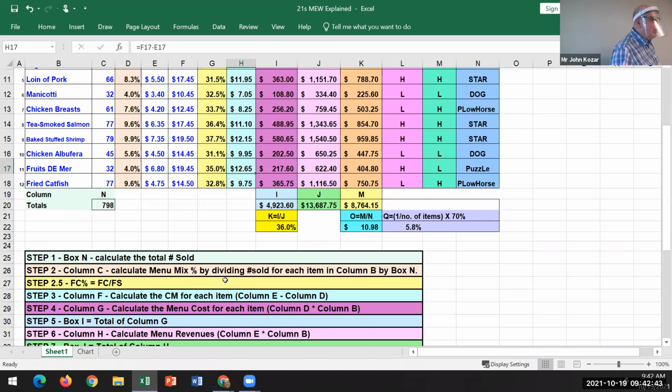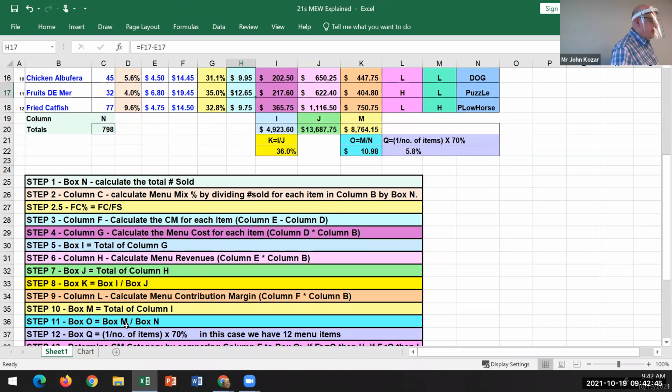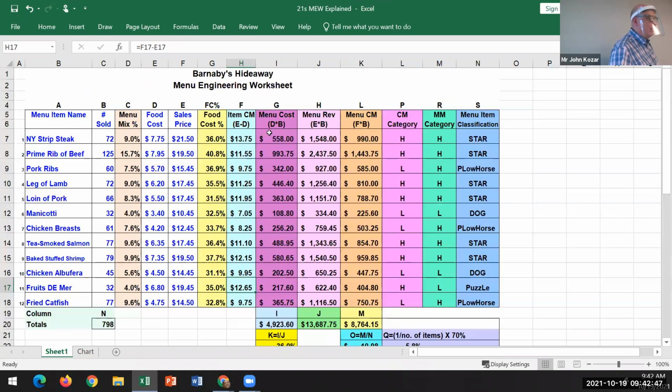And then your next page is step by step how we're calculating each one of these things. And this spreadsheet is on Moodle, and it has all of the formulas in it already. So you're free to download that, and when you get other problems with them, you can just put the numbers in for it.